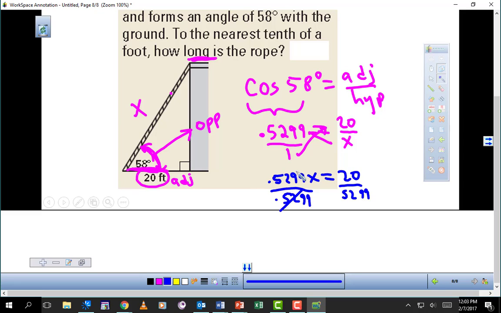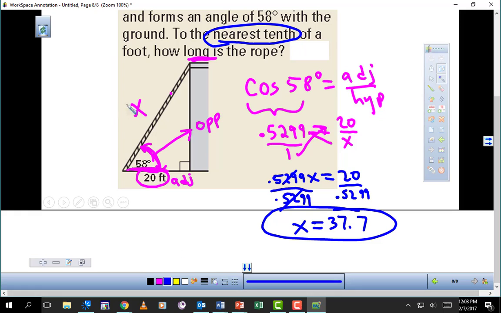Of course this cancels here, and we get x is equal to 20 divided by 0.5299, and I get basically 37.7. They're going to say round to the nearest tenth, always, usually, on these. Okay, and so we get 37.7.